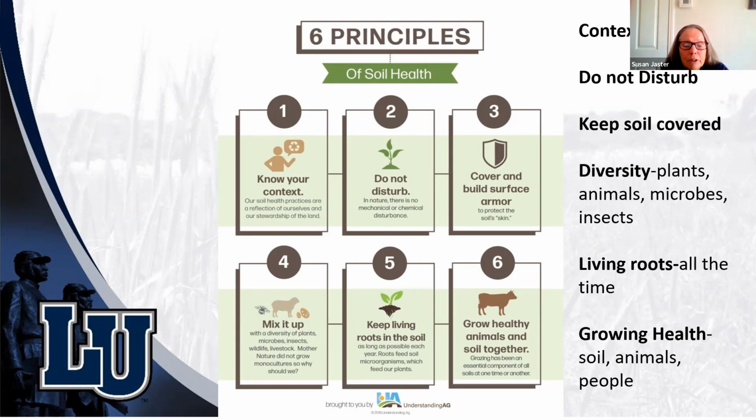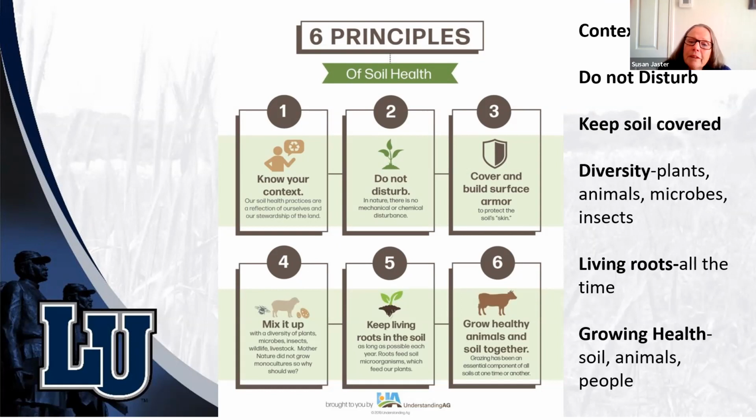The next thing is, we don't want to disturb the soil. And that means by mechanical or chemical disturbances. So if we are using a lot of chemicals, that disturbs the soil. And if we are using heavy equipment out there to till, that's another kind of disturbance. And then we're going to talk about another kind of disturbance later.